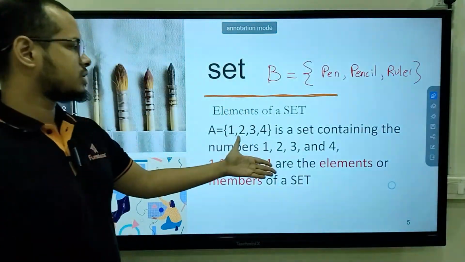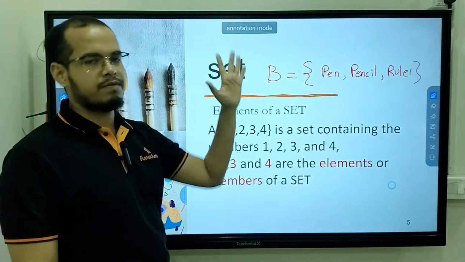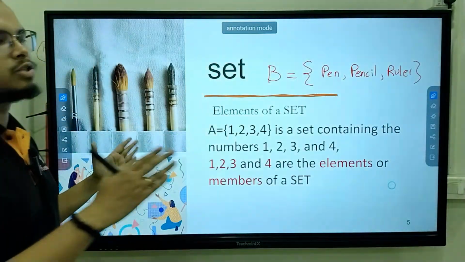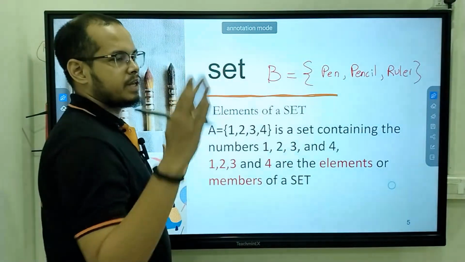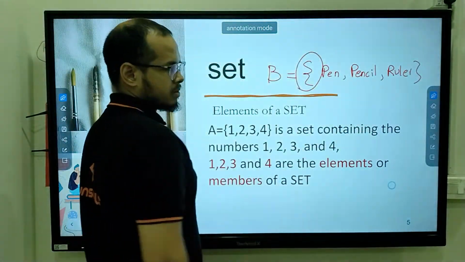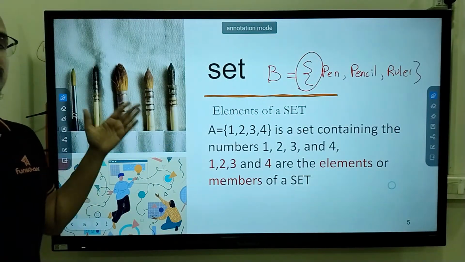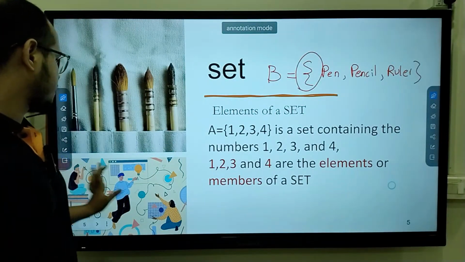So this is how sets are different. We can write numbers, objects, things, anything and everything. Just make sure we keep this inside a particular bracket. This second bracket is very important. The second bracket is what defines a set. We have to write the set inside a second bracket.